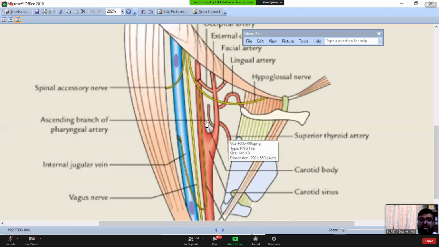This is the carotid body, right? And this is also very reddish brown in color, and is also supplied by the glossopharyngeal, the vagus, and the sympathetic nerves, and it acts as a chemoreceptor.